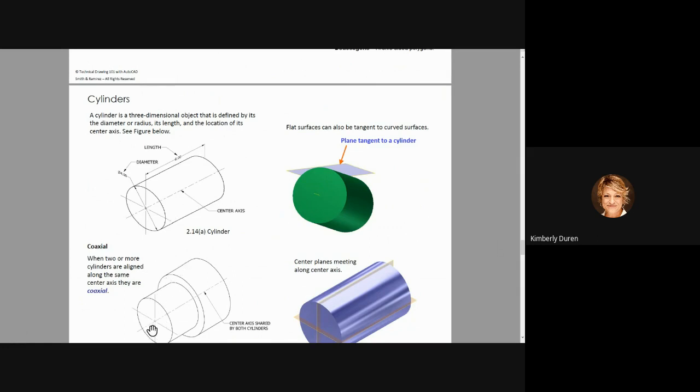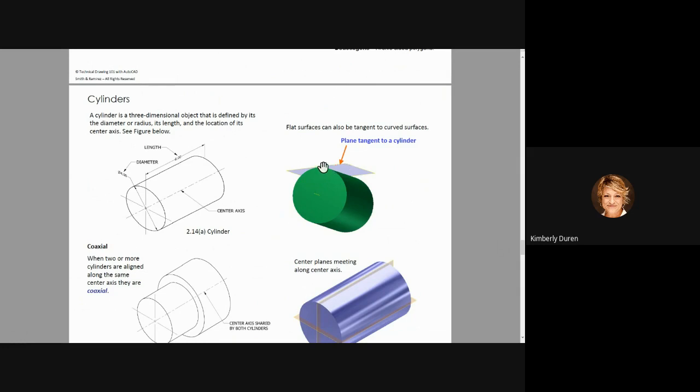Coaxial cylinders right here: the axis will be coaxial. That means they have the same axis. Their centers would be concentric, and their center points would be coincident in each area. If you did cross sections all the way across, they would always be in alignment.